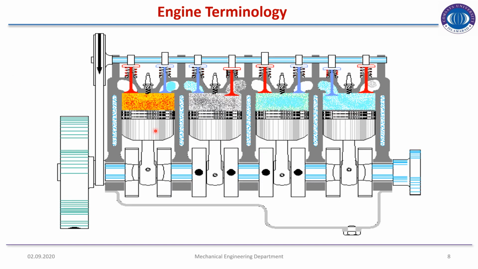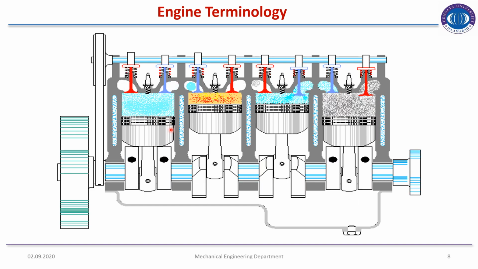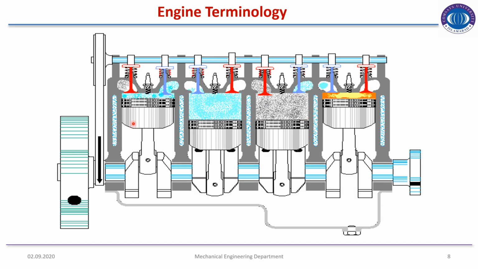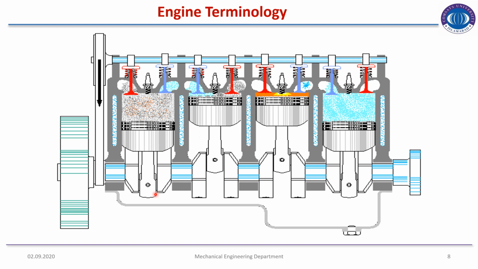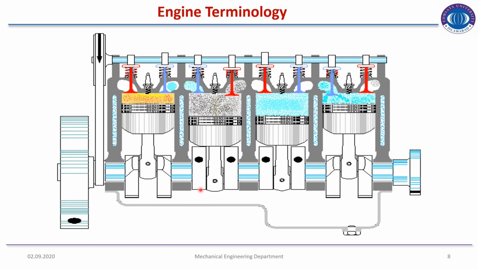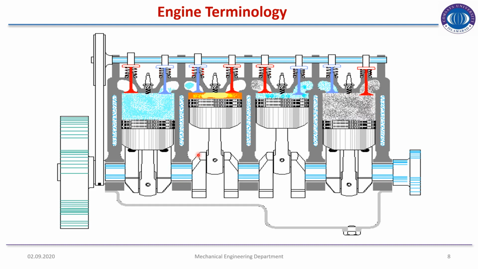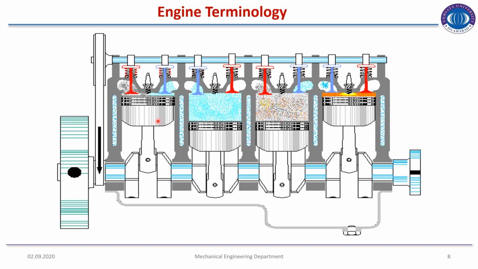Multiple piston cylinders are used in an engine. Usually if you have a look in the engine, you will see four piston cylinders or six piston cylinders in a single engine. So why is this required? Because this is required for the smooth running of the vehicle.